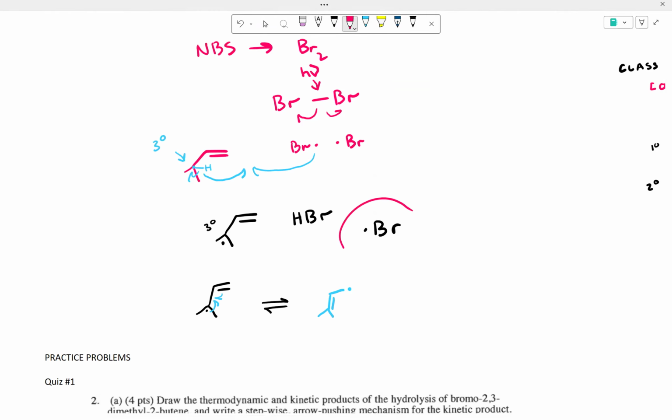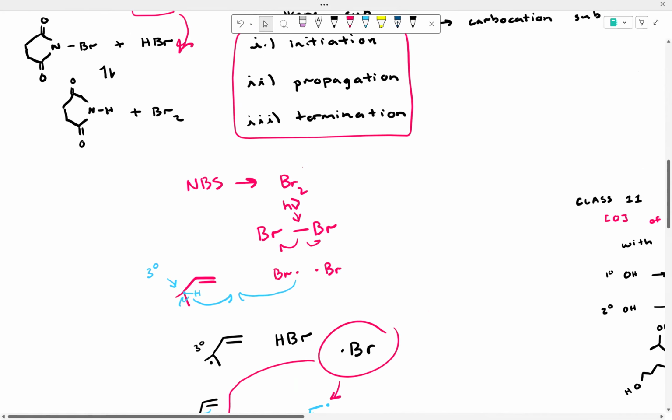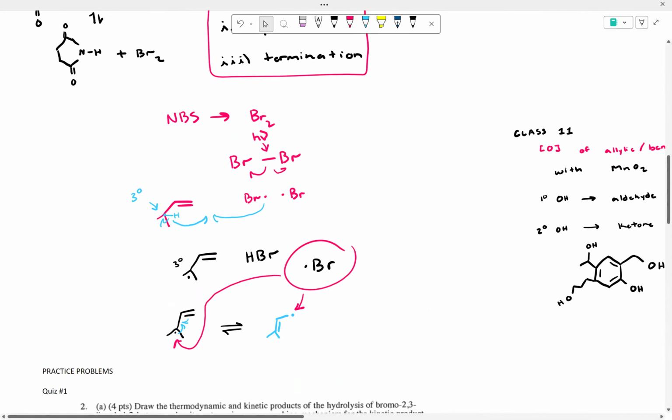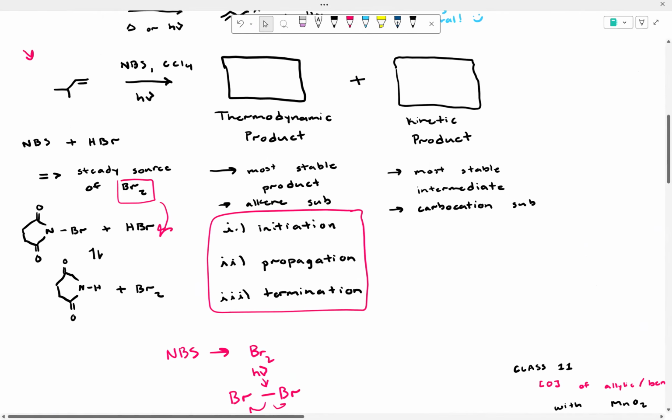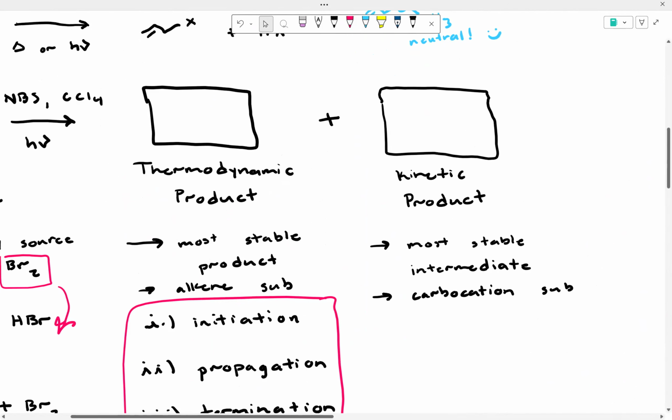But then this Br radical can either react with this one or with this one, right? And the question is, how do I know which one it's going to react with? And I have that answer up here. We are either going to make the thermodynamic product or the kinetic product.